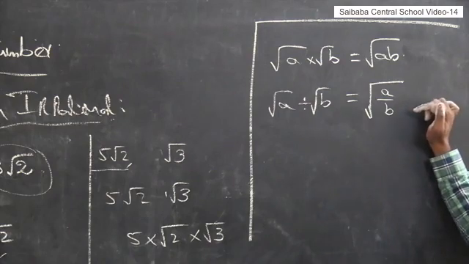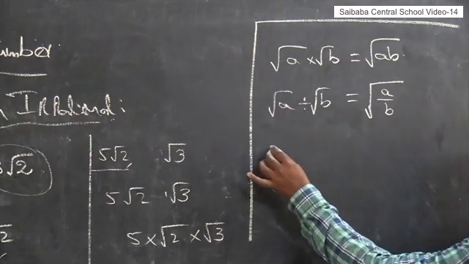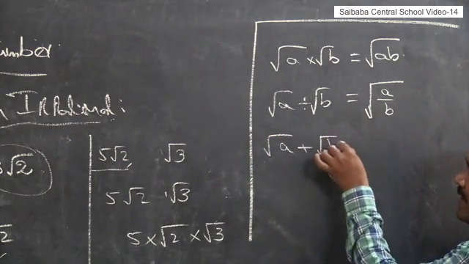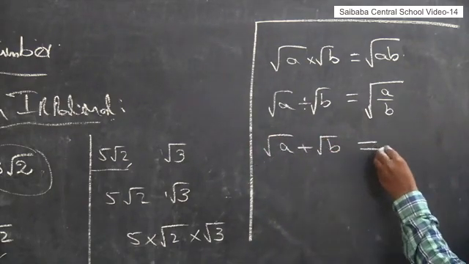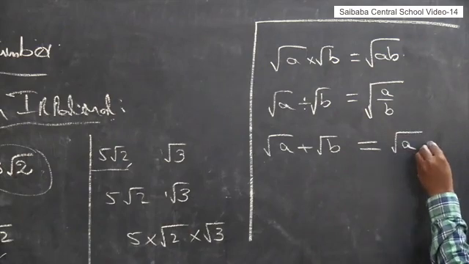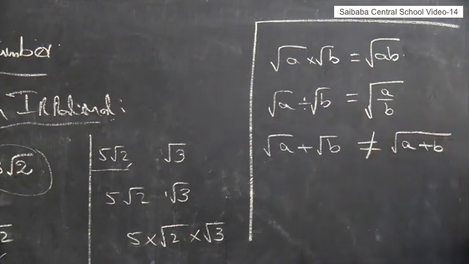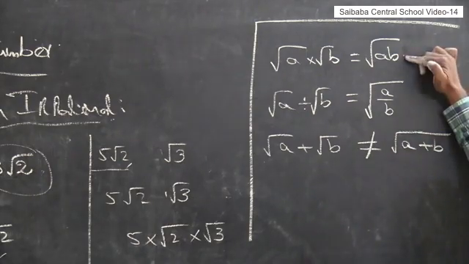Can you guess for addition and subtraction? Yes. Root A plus root B is equal to root A plus B. This is not true. This is true for only multiplication and division. Right?